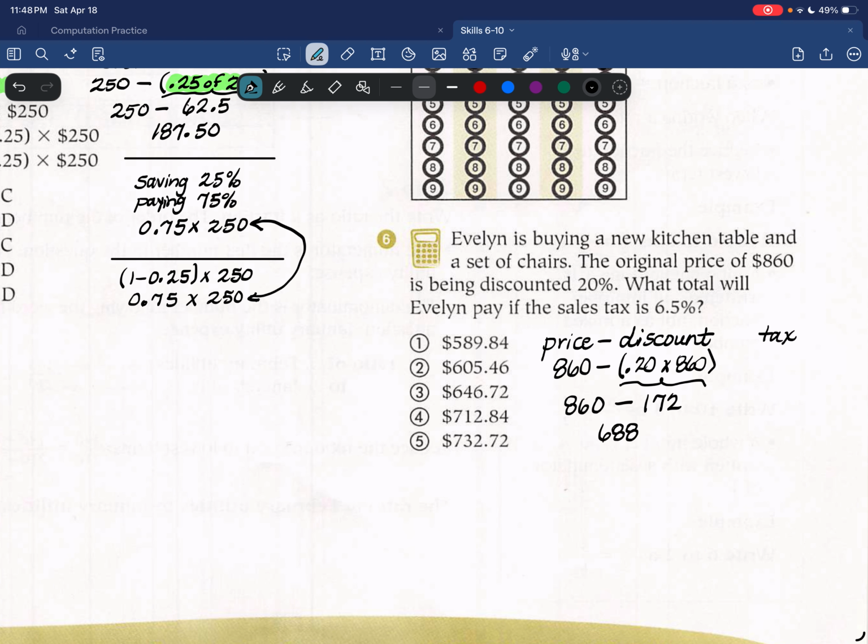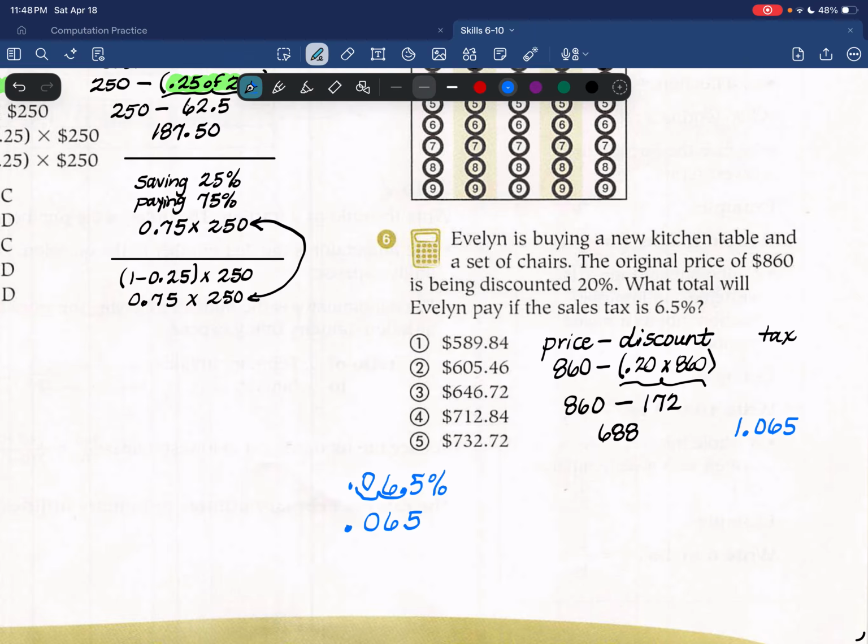Now be careful with the tax rate. It is 6.5%, but we need to know that in terms of dollars and cents. So I'll move this back 2 places. That's 0.065. So my tax will be, for every dollar, 0.065.